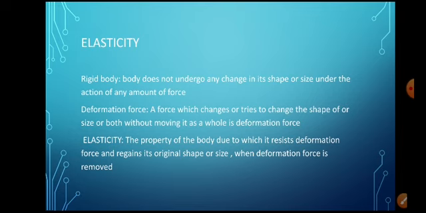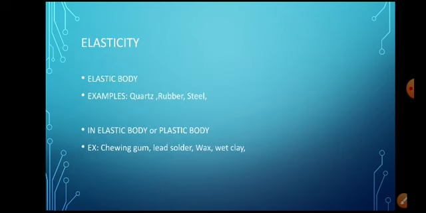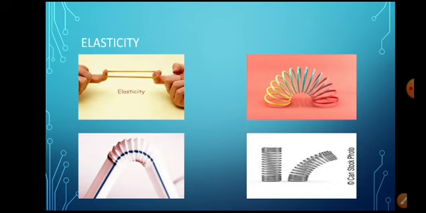The property of a body by which it resists deformation force and regains its original shape or size when the deformation force is removed is called elasticity. When you apply some force on a spring, its size decreases, and when you release it, it regains its original shape. Right?